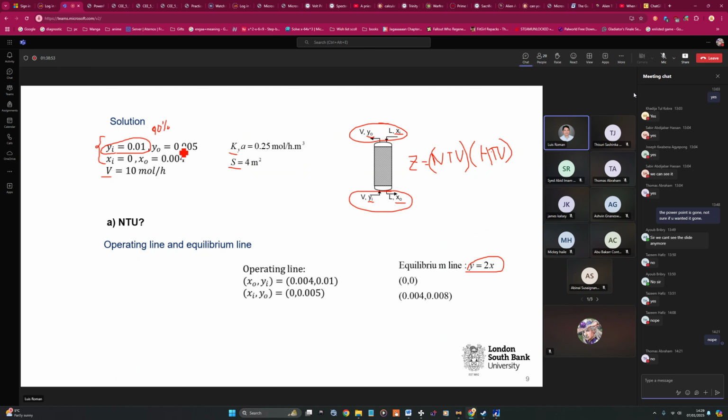In that case, you have to calculate, okay, if I remove 90% of the solute entering the column, what's the composition leaving the column. But in this problem, we are not doing that, so all the compositions are given. But you just need to be aware that you can have those cases. But you always need to find the compositions for both phases at the bottom and at the top, because you need them to draw the operating line.